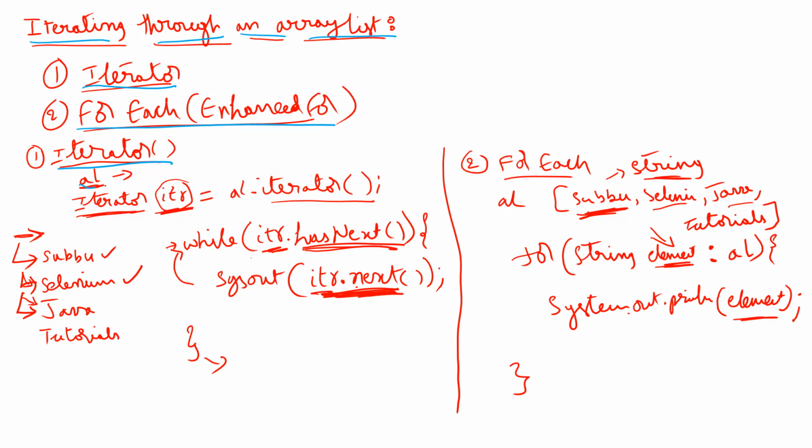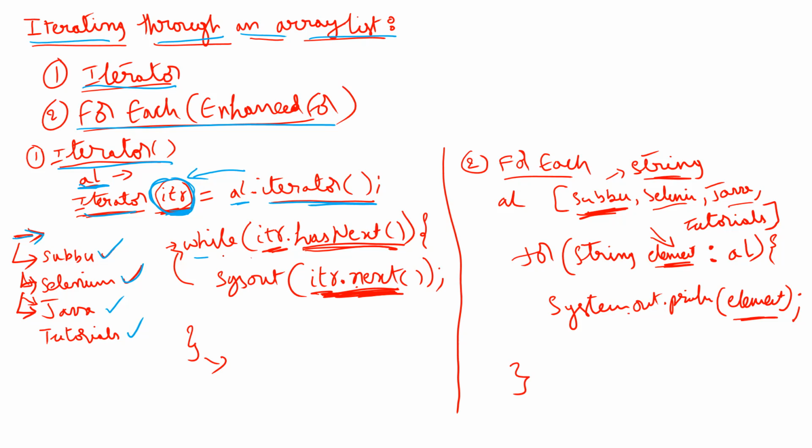So let's say I have a collection AL and this collection has the string elements Subbu, Selenium, Java, tutorials. So first what I have to do is I have to create an iterator object. So Iterator ITR is equal to the ArrayList dot iterator method. This returns an object. So the object name is ITR, and what this does is this ITR first comes and sits before the list.